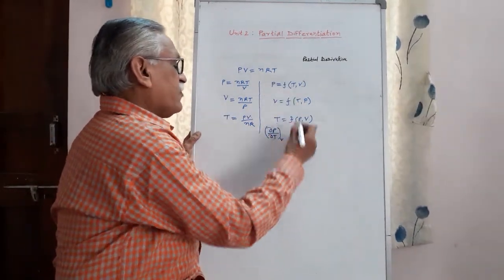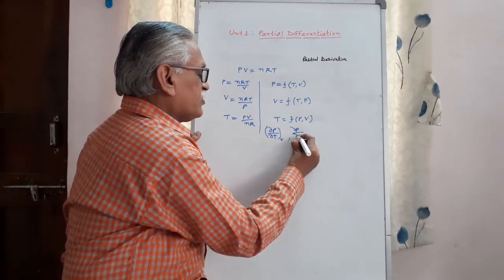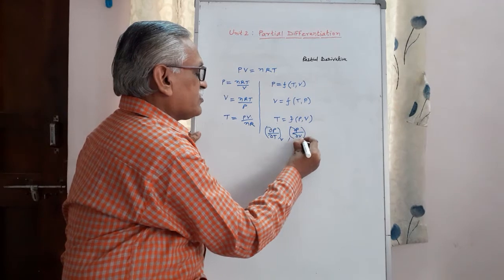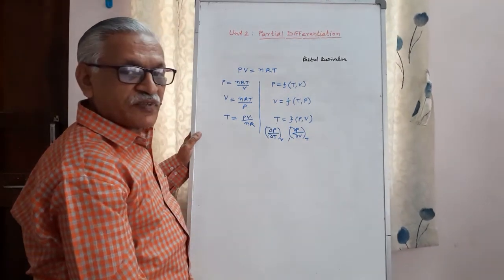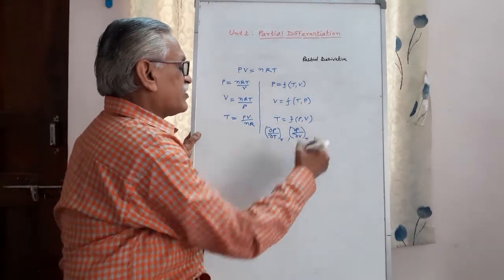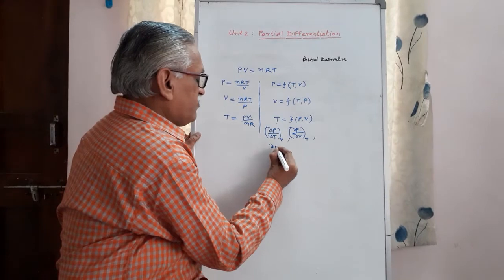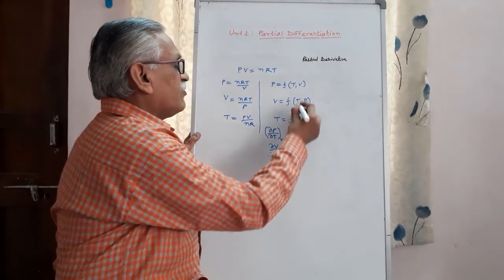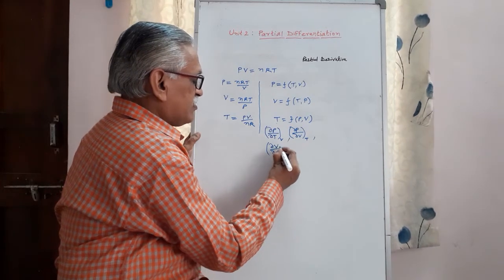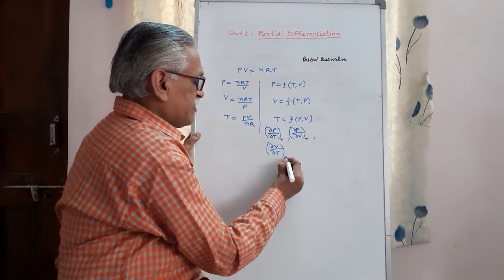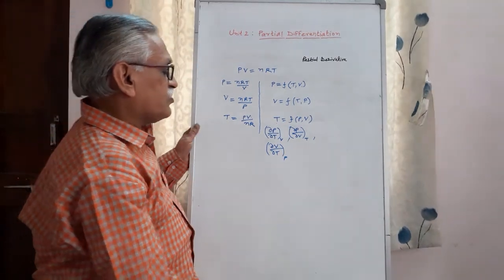Or we can find change in P with respect to change in volume. This time we are keeping temperature constant. For this, we can find change in V, volume, with respect to change in temperature, keeping pressure as a constant.